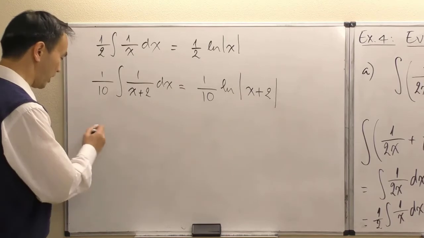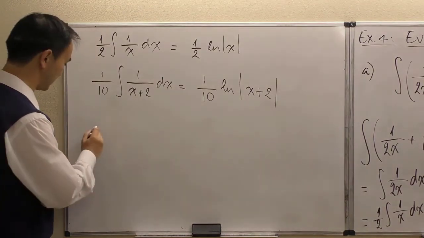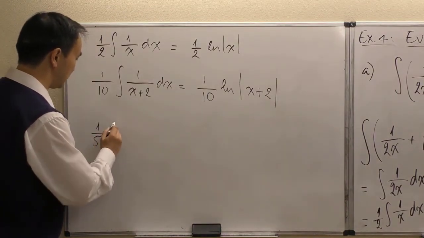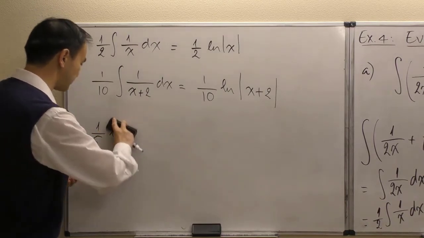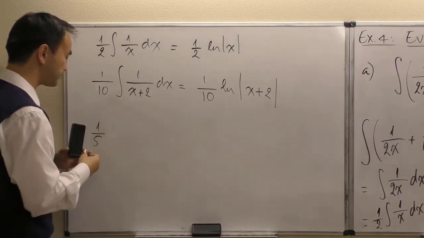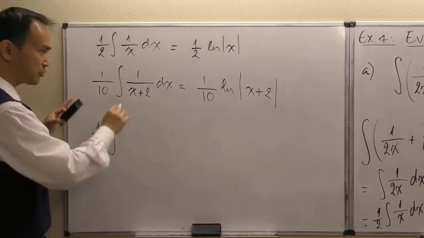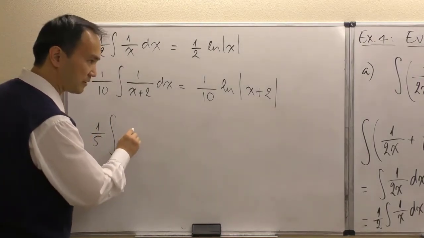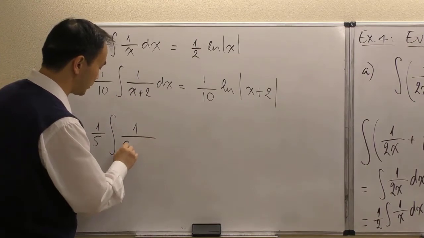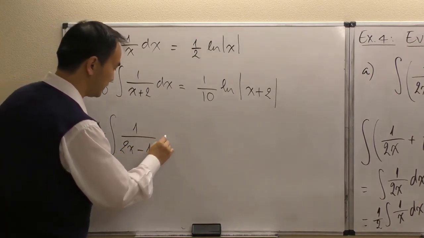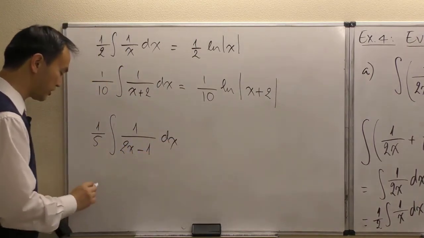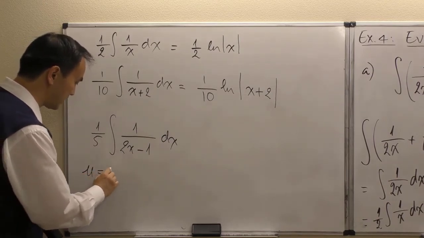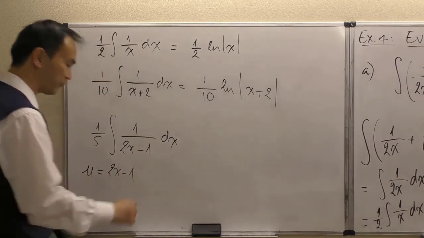And the last one right here, and the middle one actually, so it's 1/5 and the integral. Okay, and so right now I'm treating any of this as just some quick scratch work right there. So 1/5 with the integral of 1 over 2x minus 1 dx. See, it's substitution again. I suggest substituting that 2x minus 1 for u right there.